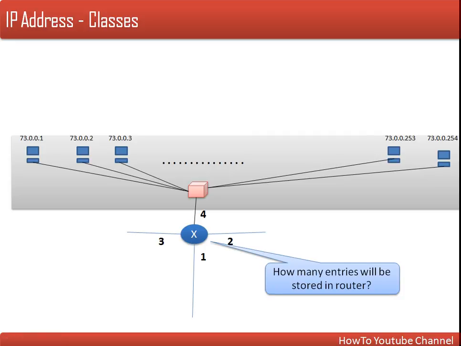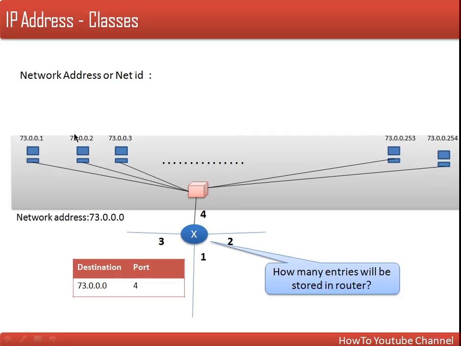In order to solve this problem, every network is assigned a network address, and by default the first address is assigned to the network. So this router will only store a single entry, and that entry will be stored for the network address.